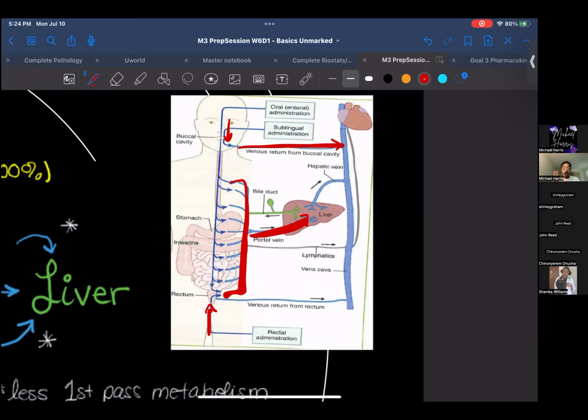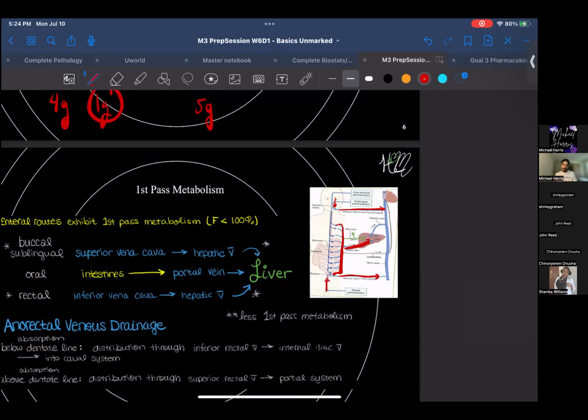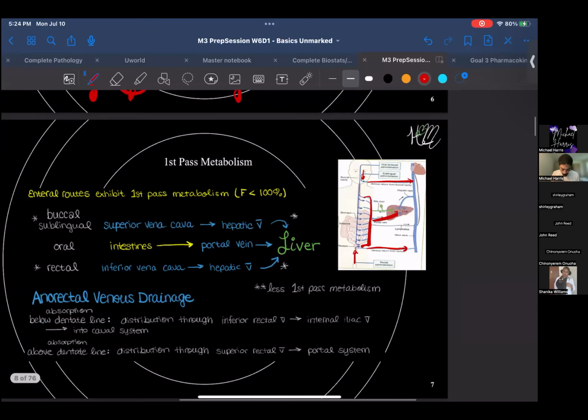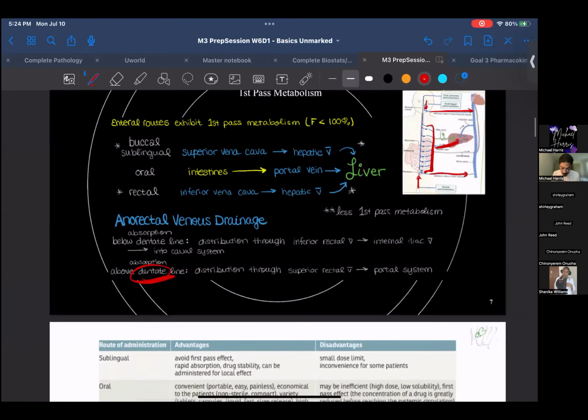That's very important. Below the pectinate line, because if you go above it, then you're in the area where it's portal circulation, which also goes through the liver. That's also known as the dentate line. Either one is the same.